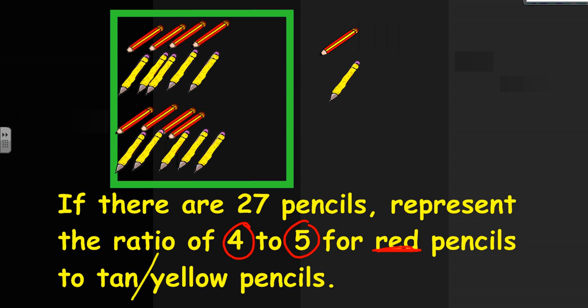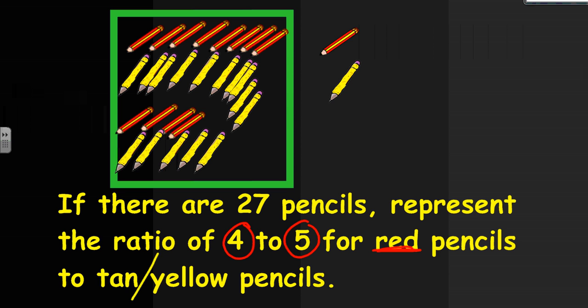Again, I count the total number of pencils, and I'm still only at 18, so I'll have to add 4 more red ones and 5 more yellow ones. Now if I count my total number of pencils, I actually have 15 yellow pencils and 12 red pencils, and together that would equal 27.